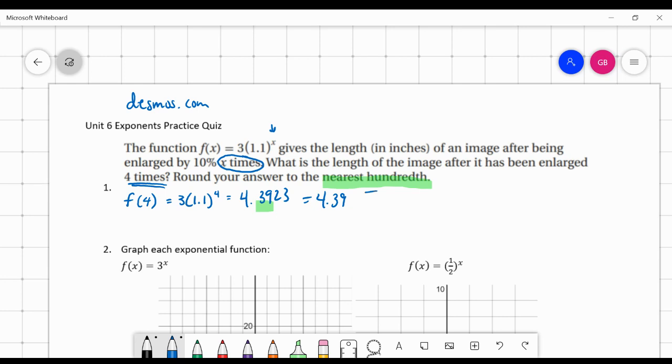So the length of the image after it has been enlarged 4 times is 4.39 inches.